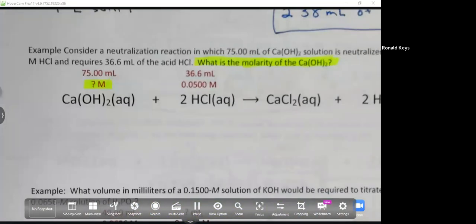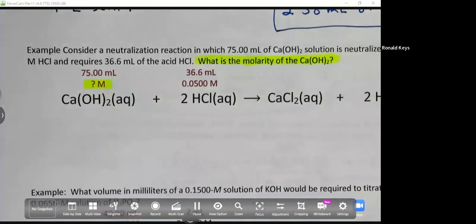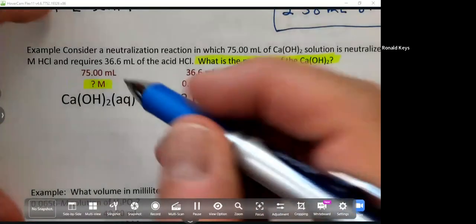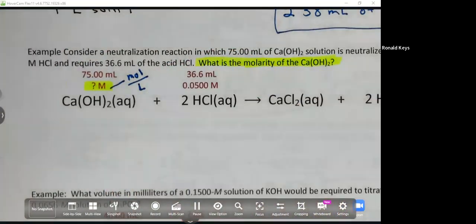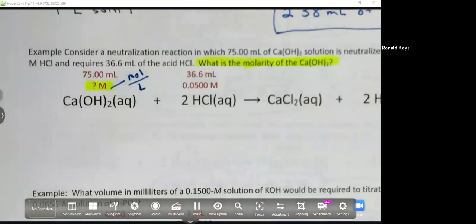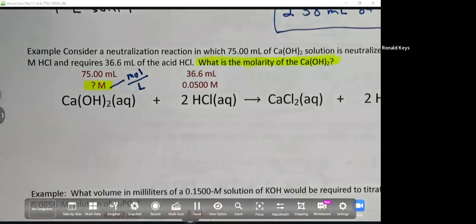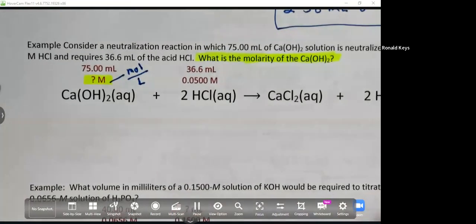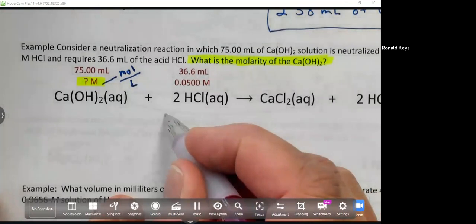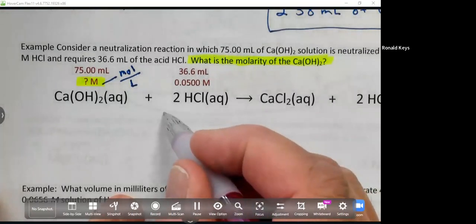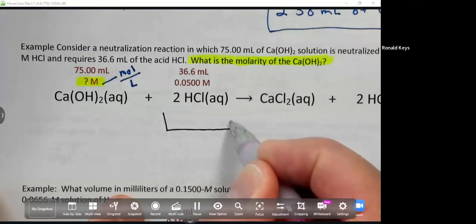So when we get all done, for molarity we need moles per liters, right? That's all we have to do, is get moles over liters. So let's get our moles of HCl right here.